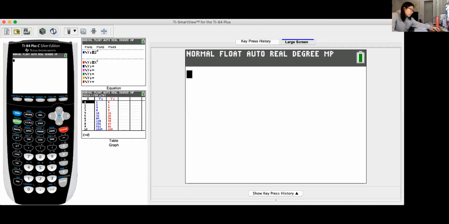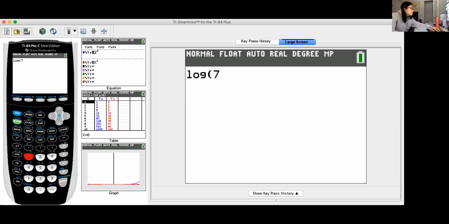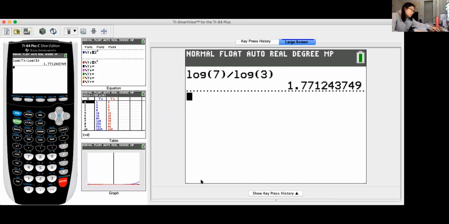So I'm going to do log 7 and then divided by log 3. This one gave me approximately equals to 1.77.